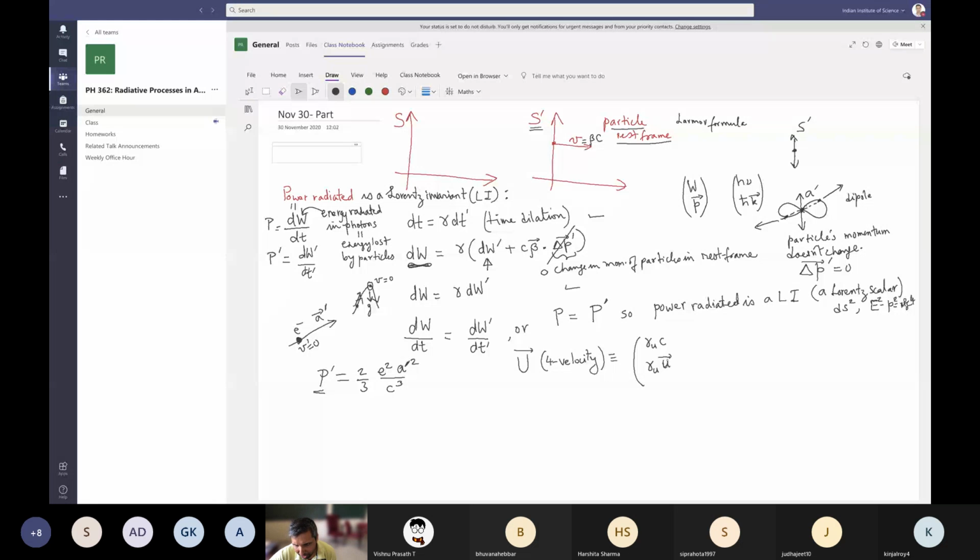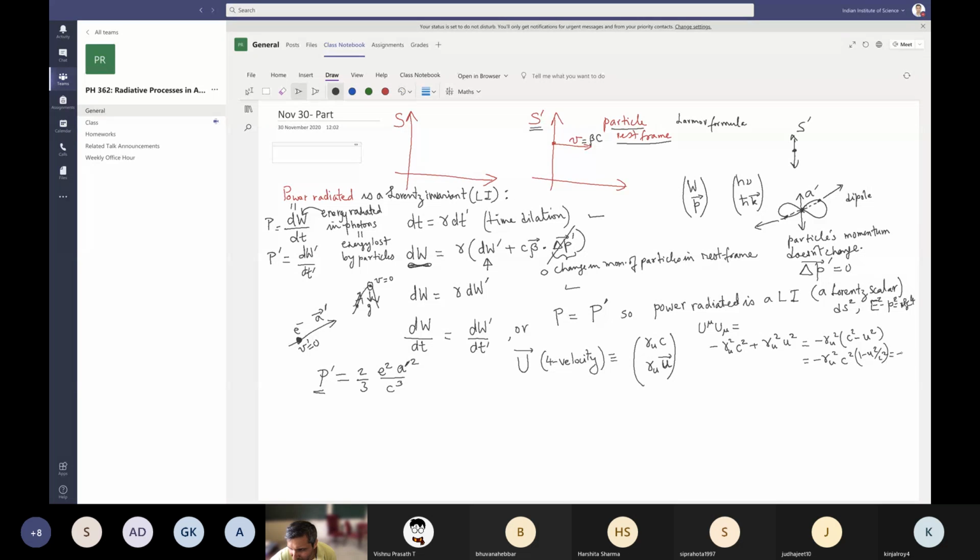So we can have a particle moving with velocity u and define a 4-velocity for it, and you can see that it satisfies this condition: u^mu u_mu, a dot product in the 4-space, is equal to minus gamma_u squared c squared plus gamma_u squared u squared, which is minus gamma_u squared (c squared minus u squared), which is minus gamma_u squared c squared (1 minus u squared by c squared), which is nothing but 1 by gamma_u squared.